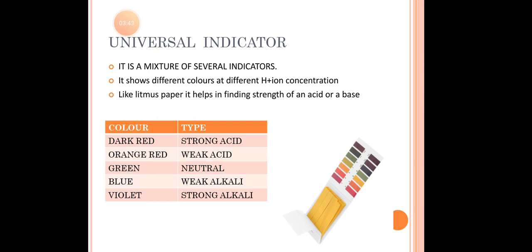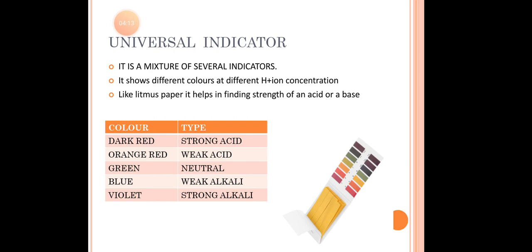If it turns green, then the solution should be neutral. If the solution turns the indicator blue, it's a weak alkali, that is a weak base. We know bases which dissolve in water are called alkalis. If the paper turns violet, then it is a strong alkali.